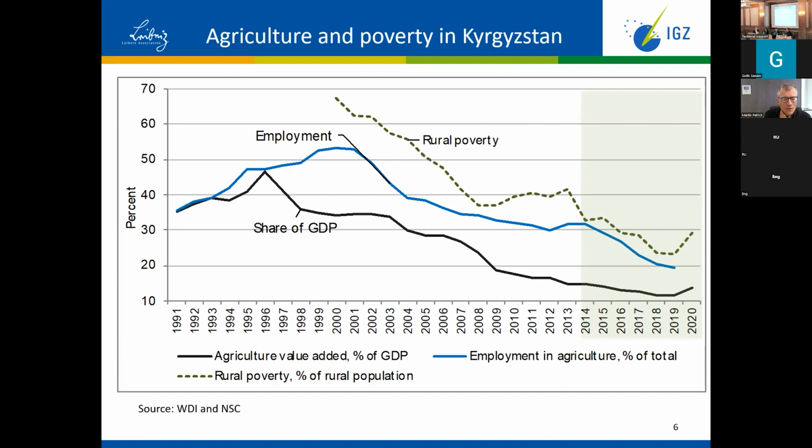And it's clear that in terms of both GDP and employment, agriculture has played a huge role at some point, mid-1990s. So employment, for example, was almost employing every second person. And now, as you see in recent years, everything is falling down. Especially the share of GDP is quite low. Employment is about 20%.